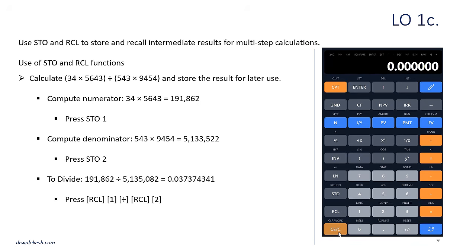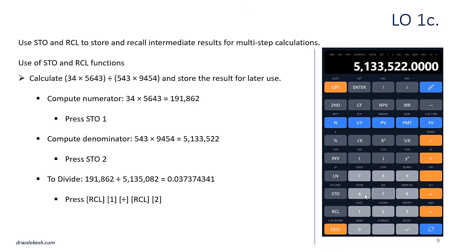So moving on to the denominator. The denominator is 5, 4, 3 times 9, 4, 5, 4. What do we have?